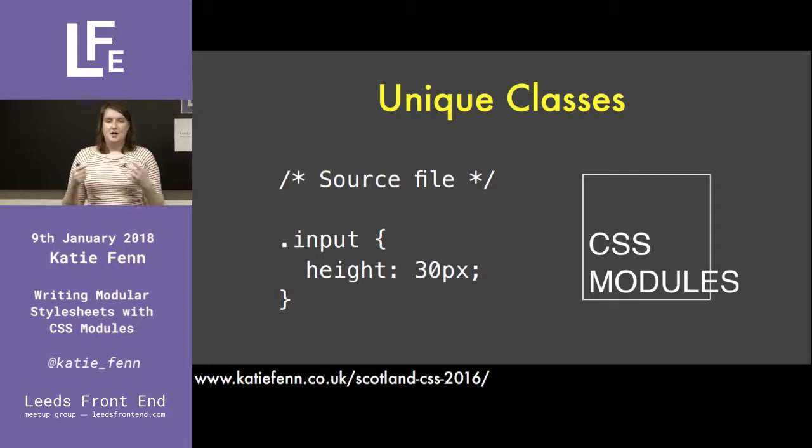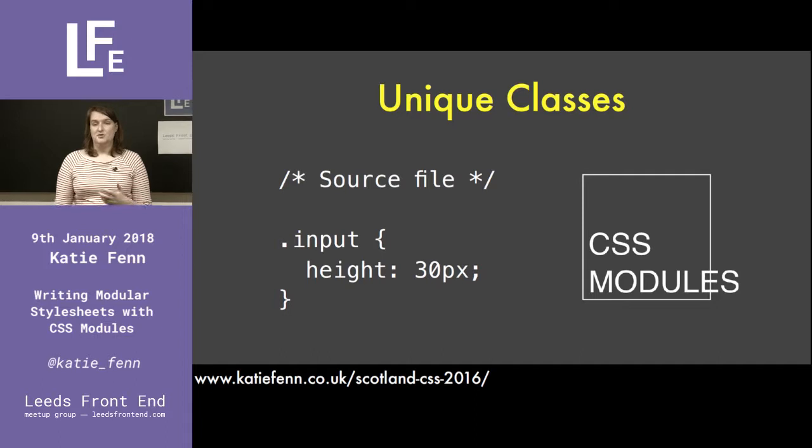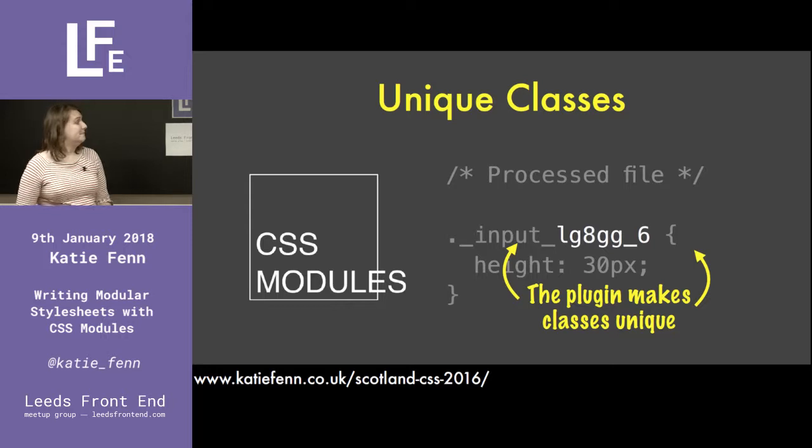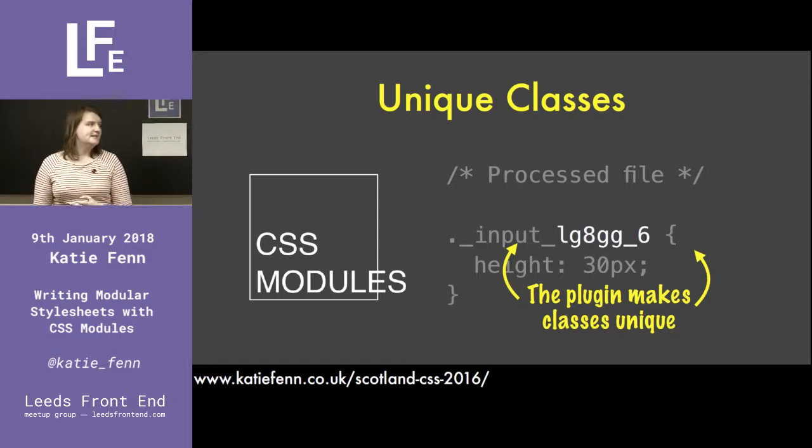Your style sheets are processed by a CSS Modules plugin that works a little bit like a preprocessor like Sass or Less. So you have a source file that's read in by the plugin, and you get a processed file at the other end. Now this processed file has changed slightly. It's transformed the class name to make it unique.